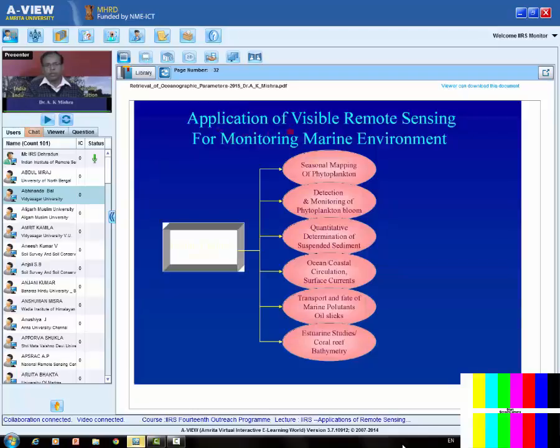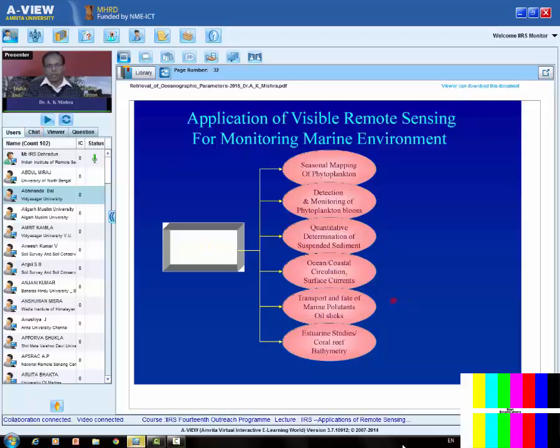So these are the applications of visible remote sensing for monitoring of the marine environment: seasonal mapping of phytoplankton, and detection and monitoring of phytoplankton bloom you can carry out. Then you can go for quantitative determination of suspended sediments, and ocean coastal circulation and surface currents can be identified using the ocean color data.